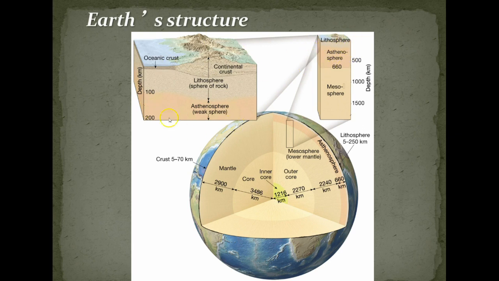You have your asthenosphere, that flowy layer, and your lithosphere, which is really rigid. Technically, the crust is part of the lithosphere, but we think of it as its own. You have your thin, dense oceanic crust, and your thicker, less dense continental crust.